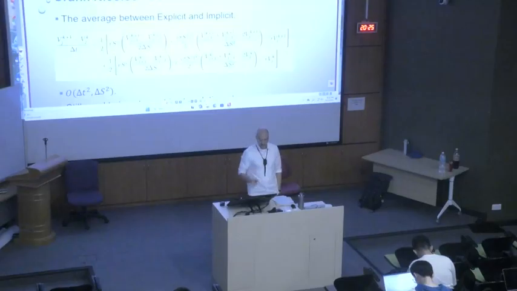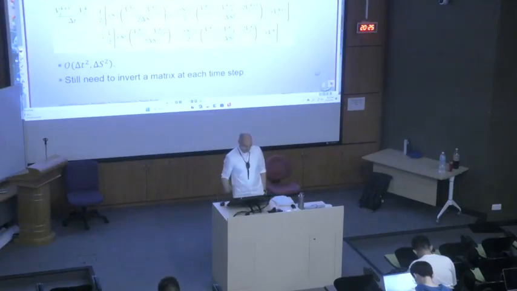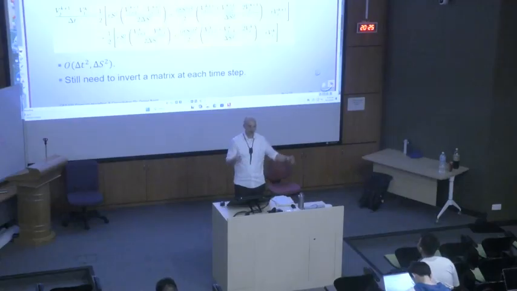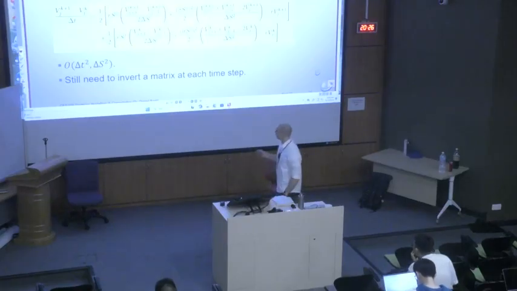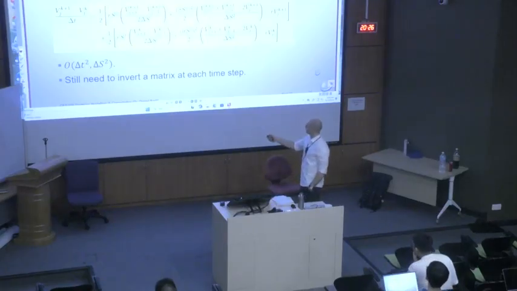Now the final method is, well, you can imagine maybe what we've done so far. We've averaged the derivatives computed by the left neighbors and the right neighbors, and got an improved error. You can do the same thing here. It's called the Crank-Nicolson scheme. So it's exactly this. Yeah? You average.